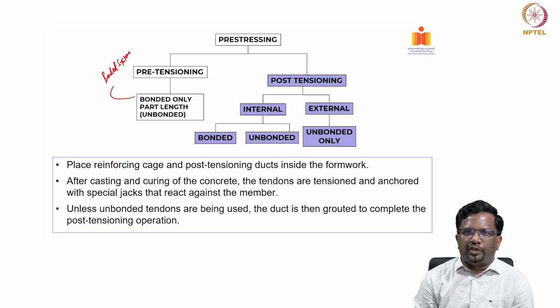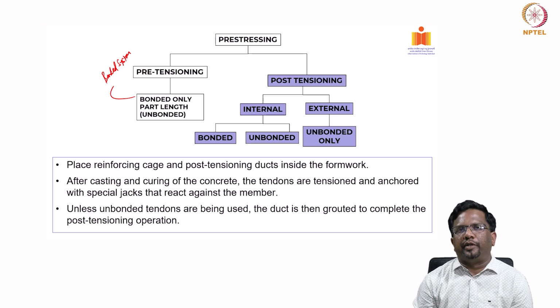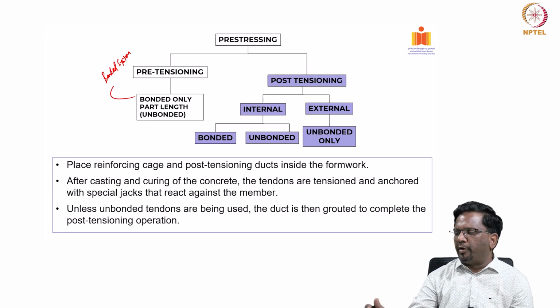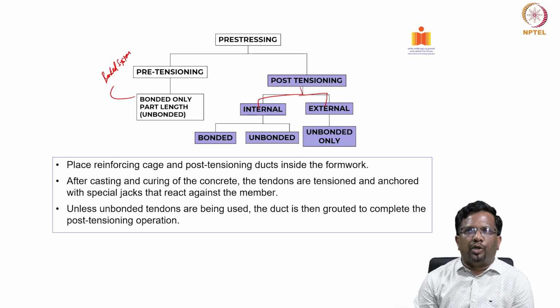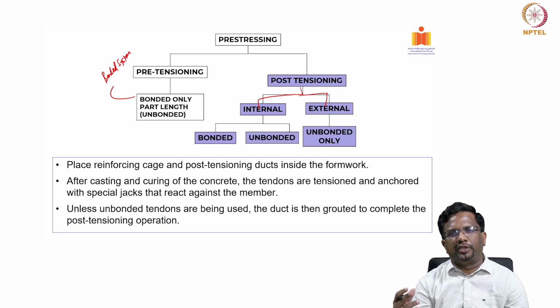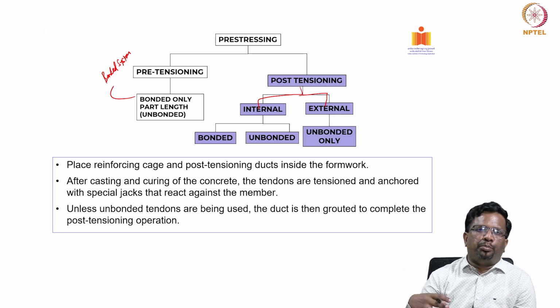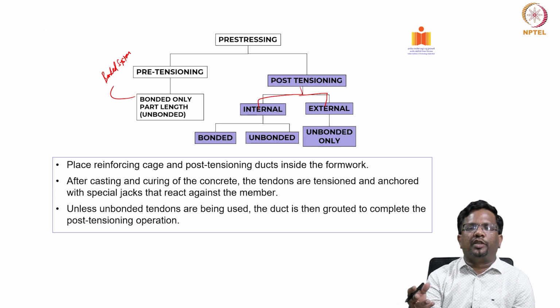Again in post-tensioning, as the name says, here you are tensioning the steel after the concrete is poured. Okay. Here you have multiple types again. You have internal post-tensioning, then you have external post-tensioning. Now, what is internal and external? When I say internal post-tensioning, the strands are always located within the cross section, within the concrete. When I say external, the PT cable may be outside the cross section or within the cross section, but they will not be in contact with the concrete.